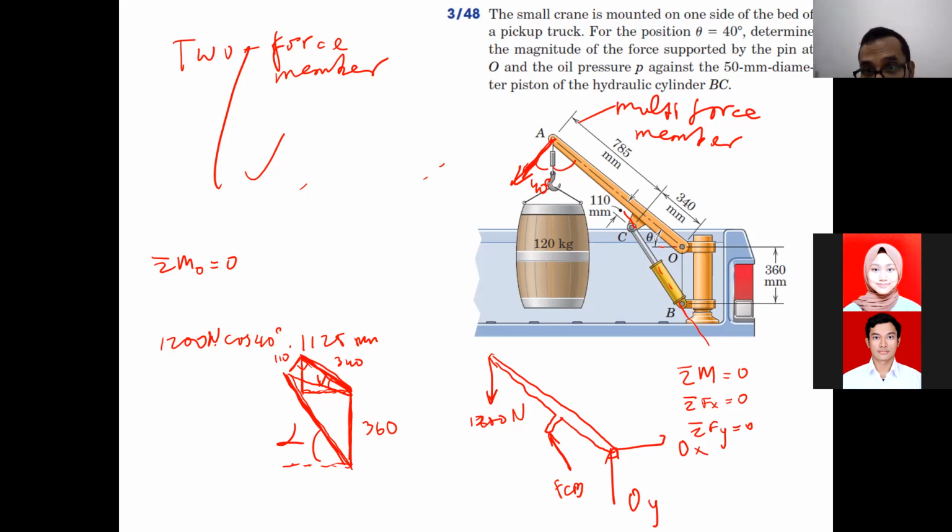340 sebentar. 340 sudut sini. Ini kan di sini ya. 340 sudut situ sampai sini. Terus kok kelihatannya belum tentu ya itu.